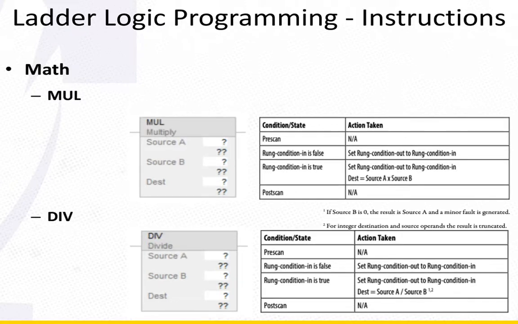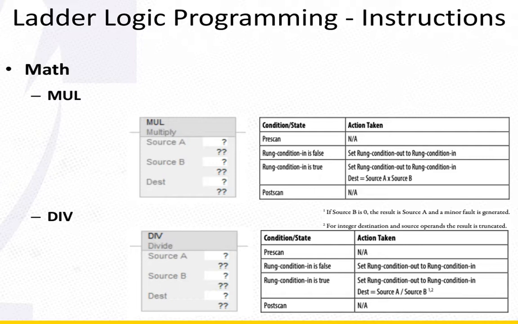Here we have multiply and divide. We're going to go a little faster now because this is exactly like what we talked about in the add and subtract. You can either give an immediate value into source A or provide the name of a tag. The same thing goes for source B. Destination, you must provide a tag name.